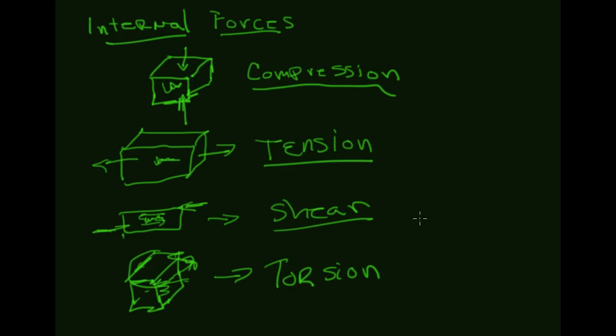Like that kids game: compression is bop it, tension is pull it, torsion is twist it, and shear is the idea that you're pushing forces in two different directions.